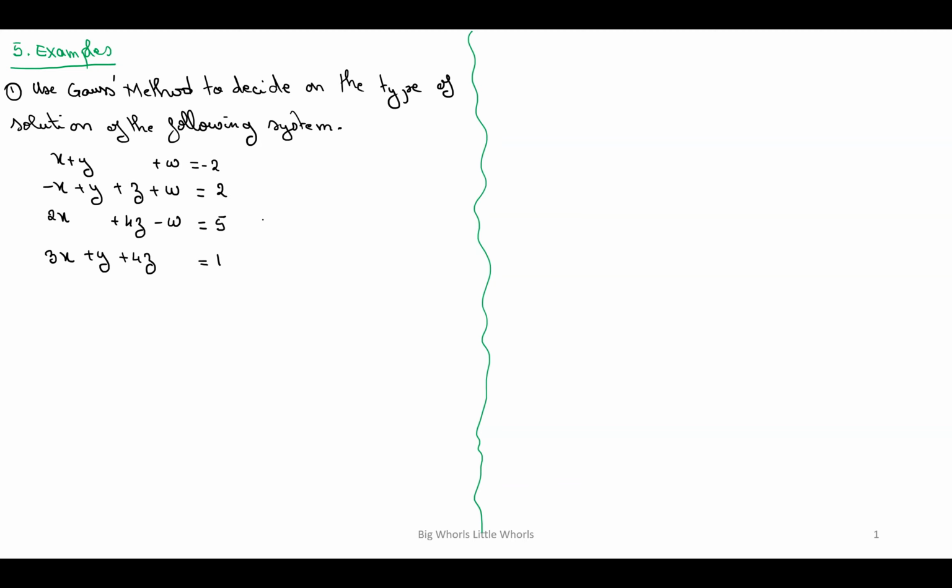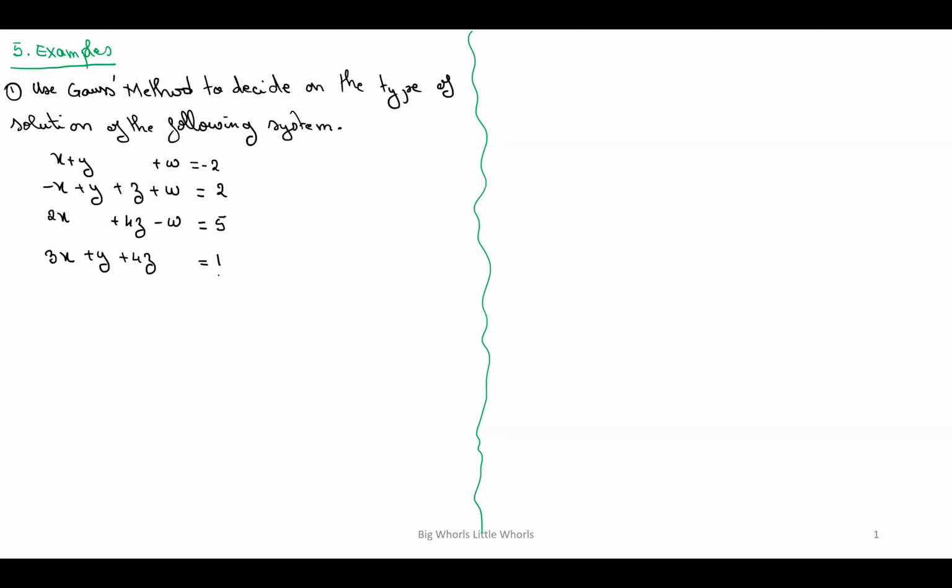We are just going to decide on the type of the solution. In future videos, we will see how to properly write the solution set. For now it's just to decide whether the system has no solution, a unique solution, or infinitely many solutions. They are asking us to use Gauss's method.